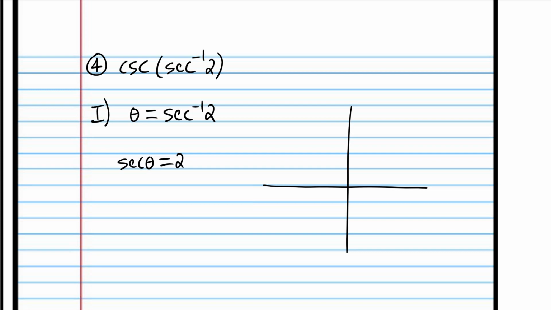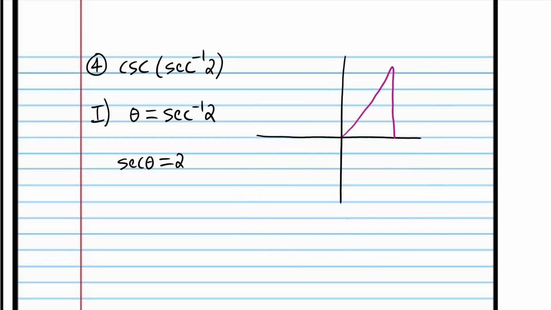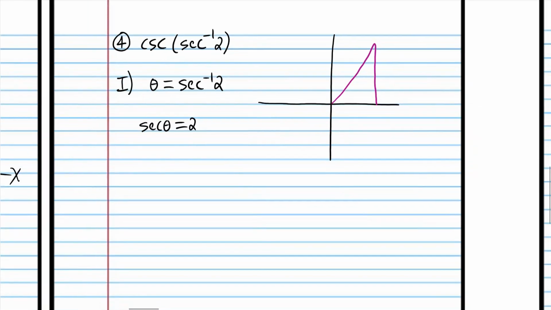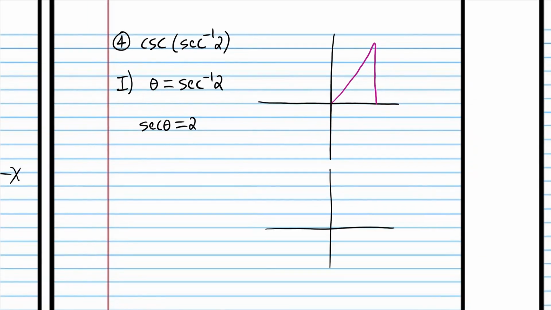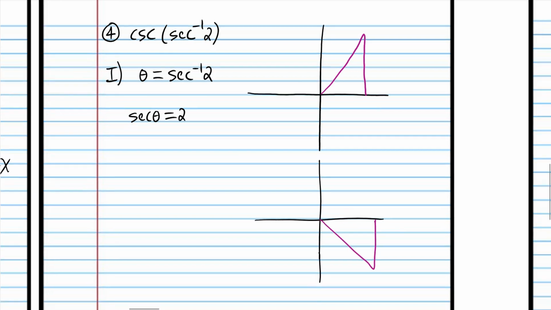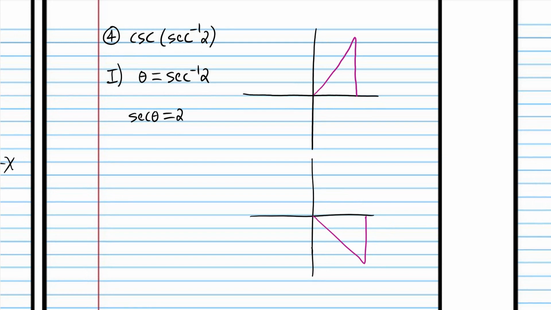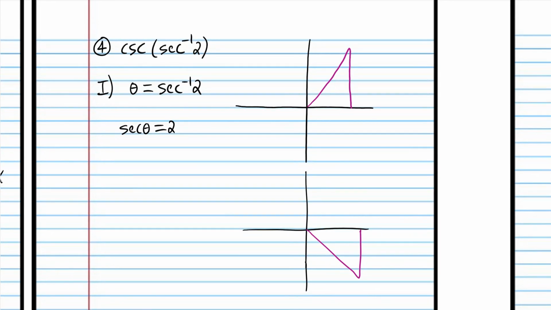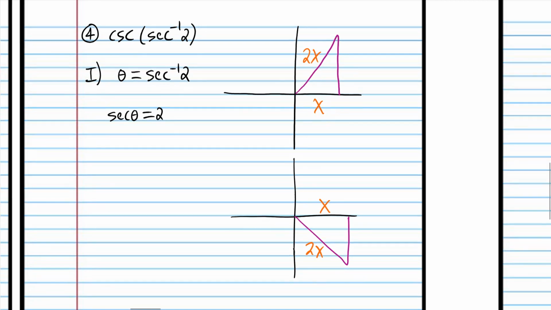So when secant is positive, you have a triangle in the first quadrant and a triangle in the fourth quadrant. The reason I know that is because secant is the hypotenuse over the adjacent side. Hypotenuse is always positive, so the adjacent side must be positive.